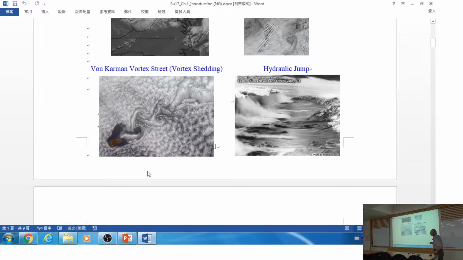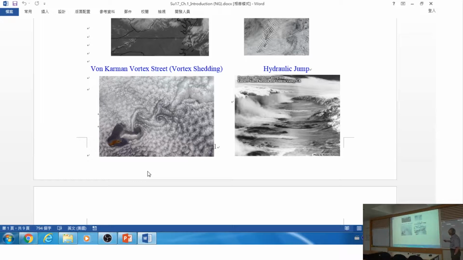Here there is also an island, and flow passing through is sometimes straight and very symmetric, but sometimes it creates what we call a Karman vortex sheet. That is also a phenomenon associated with flow passing over mountains.